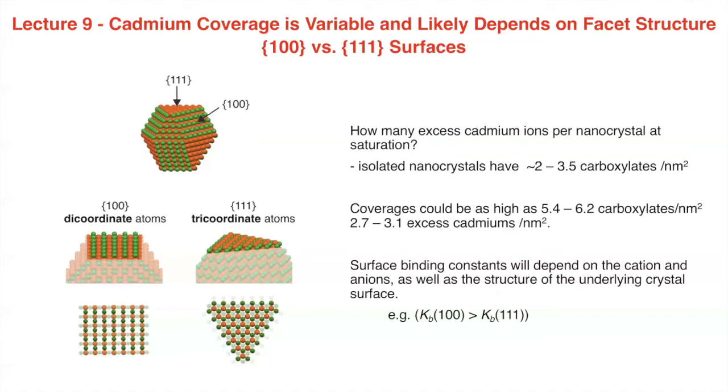And in principle, you could cover all of those atoms with ligands. If you count the number of atoms per unit area on those facets, however, you'll find that they're much higher than the typical coverages of ligands that you find in solution. So the surface atom densities might be something like 6 per nanometer squared, whereas the number of ligands might be 3 per nanometer squared or less in the other examples I showed you. Remember, the tributyl phosphine is 0.5 ligands per nanometer squared.